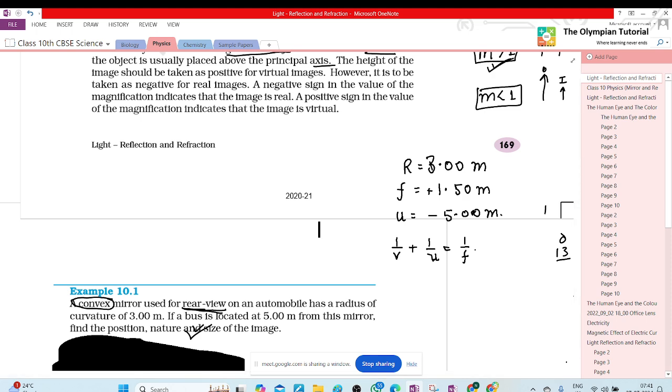Put in the values. Can you solve it? Mom, I don't know how to solve physics numericals. Okay, no problem. We have to calculate the value of v.